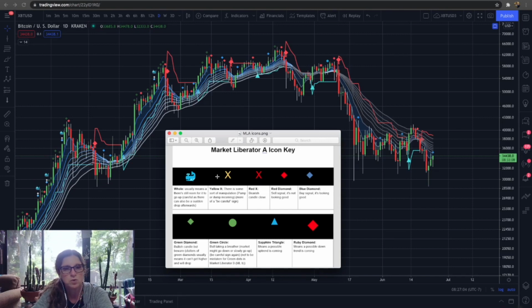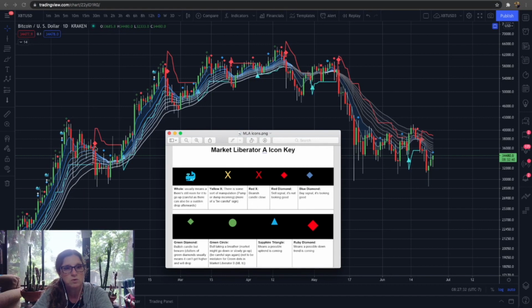Okay, moving on to the yellow X. It means that there is some sort of manipulation going on, possibly, and be careful of a pump and dump. I don't see any yellow X's in this area, but I have seen them very much so. All right, we got a red X. It means a bearish candle close.